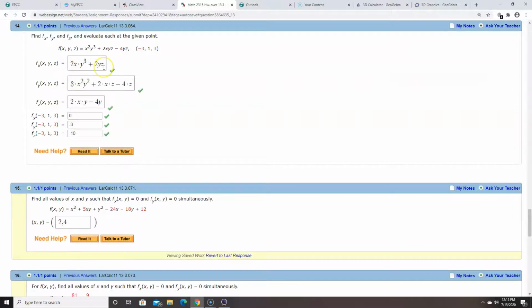And so this one's correct, and we plugged it into the partial derivative with respect to x, and we got 0, so that's correct. Now let's do the partial derivative of this up again here with respect to y, and when we get that done, we're going to plug in the point again.